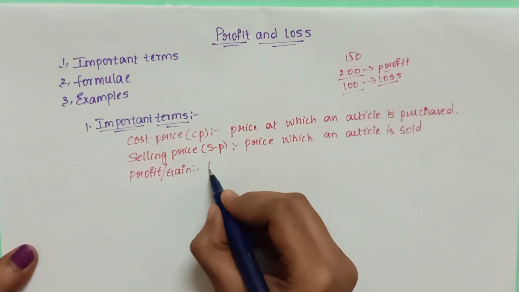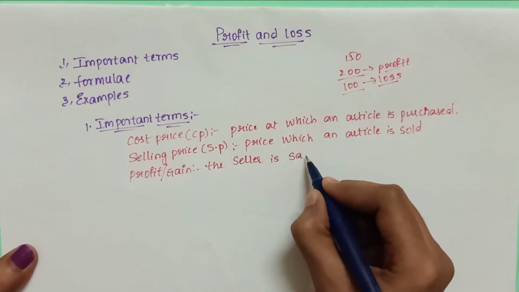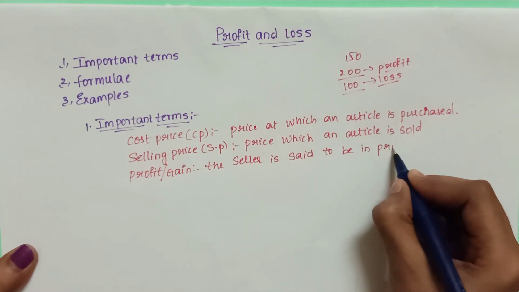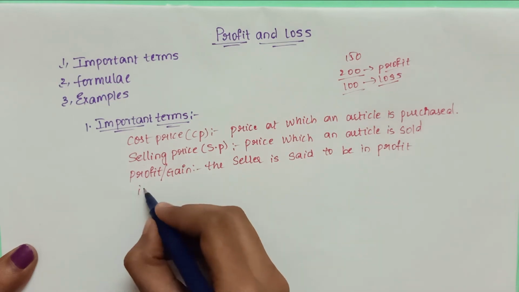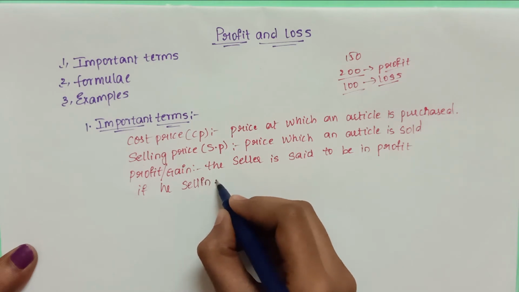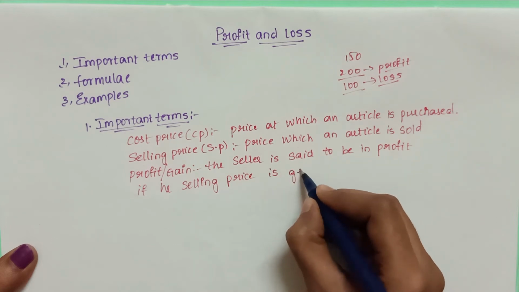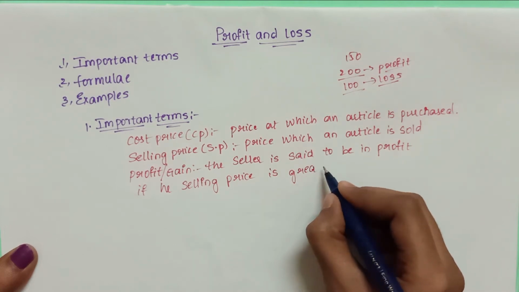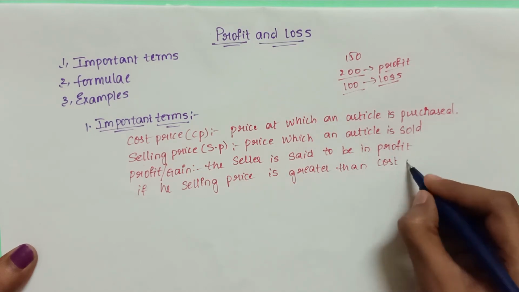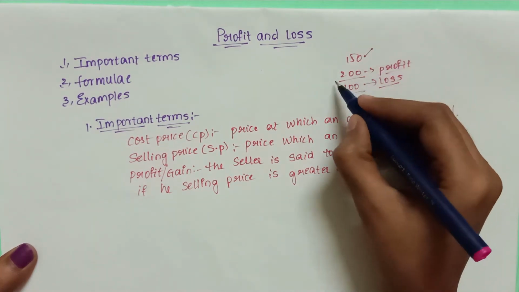That means the seller is said to be in profit if his selling price is greater than cost price. Here if we observe, this is cost price and this is selling price.